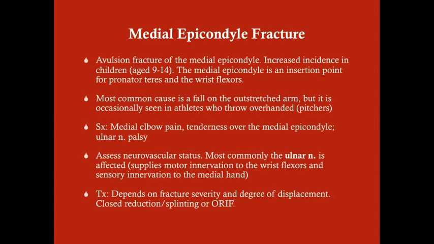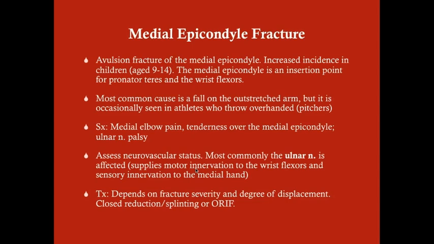So again, for diagnosis, we're going to diagnose this with plain film x-rays of the elbow. And then we want to assess the neurovascular status. Like I said, most commonly the ulnar nerve is going to be affected.